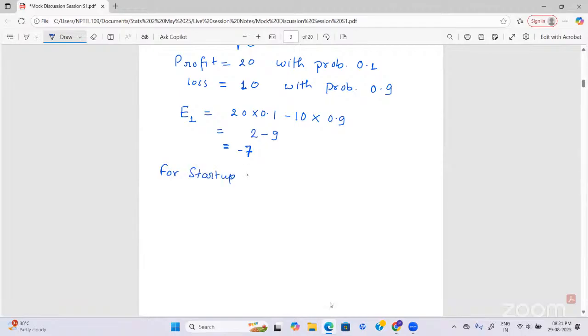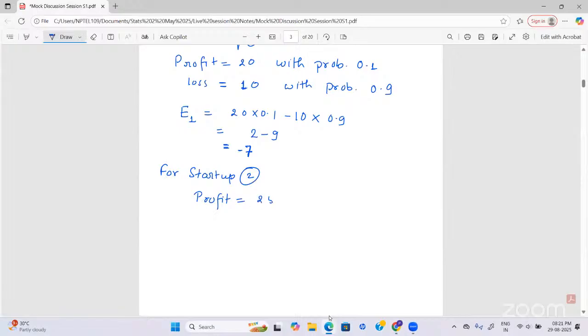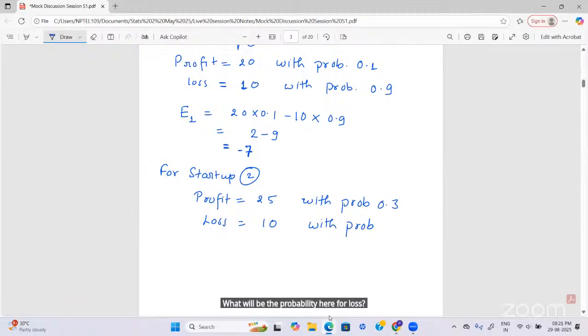So for startup number 2, profit is 25 and the probability is 0.3. And the loss is again 10 lakhs. What will be the probability here for loss? 0.7.